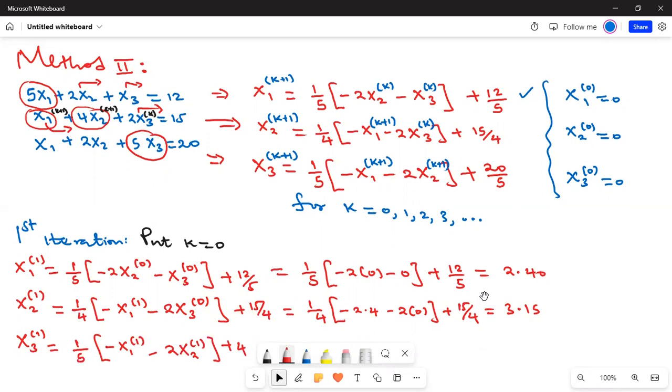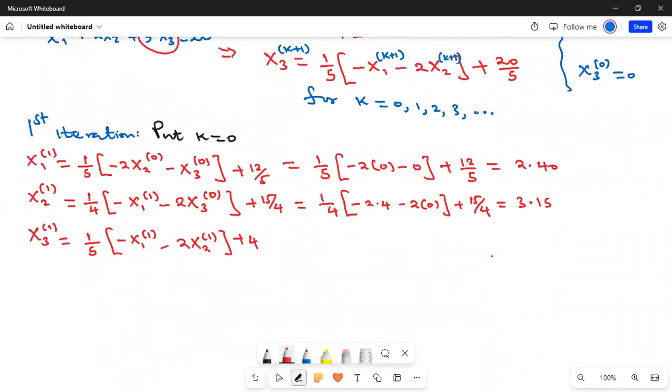And so, by substitution, I'm going to get 1 over 5 negative 2.4 minus 2 times 3.15 plus 4, that is 2.26.